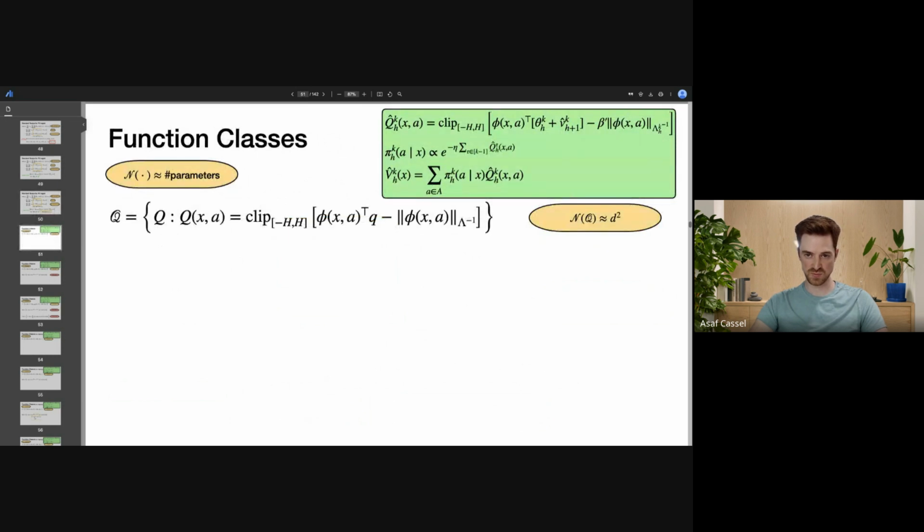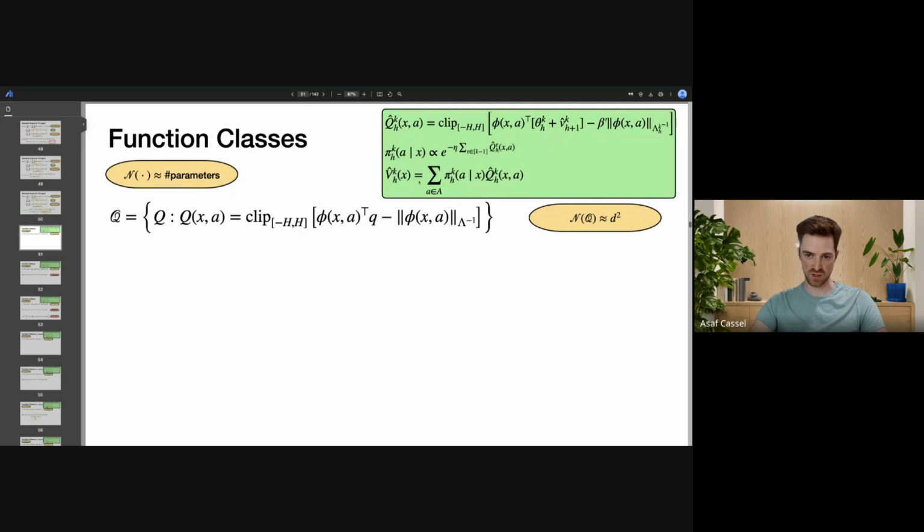Okay, so our optimistic policy evaluation is going to look like this. We have the Q function, which is just this linear function minus this weighted norm, and clipped. And our policies, because if you unravel the OMD update rule, would just be proportional to e to the minus sum over the Q functions.